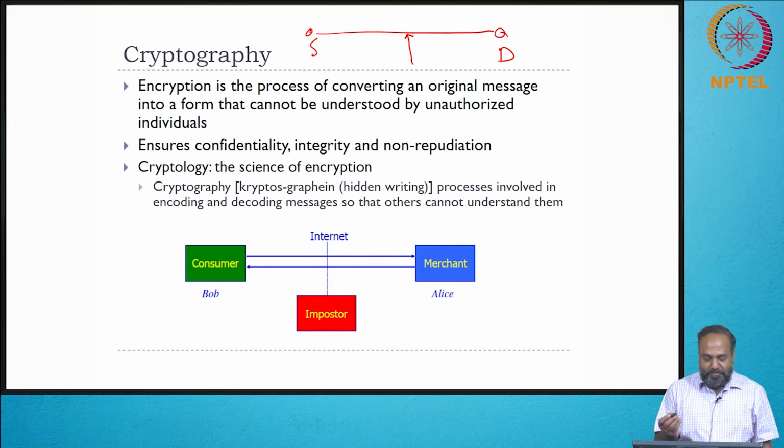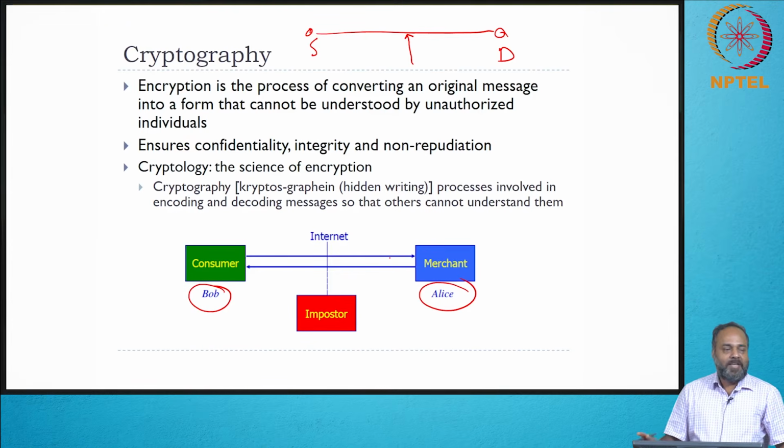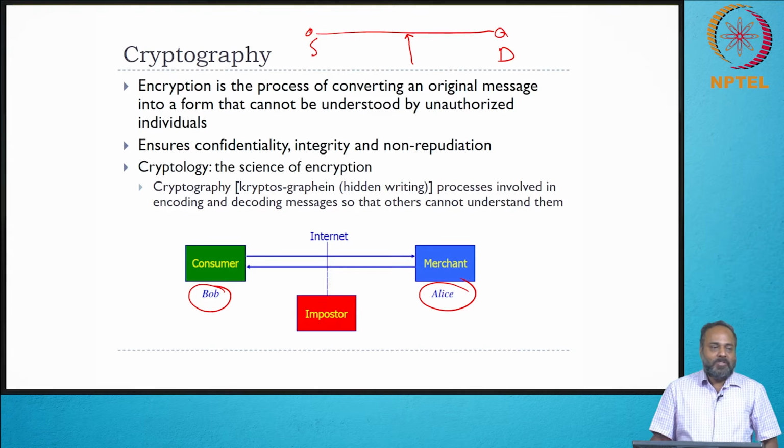So, that kind of strategy is used in cryptography. Essentially there is a person Bob and I would call Alice, who is his girlfriend possibly. So, Bob sends a secret or confidential message.